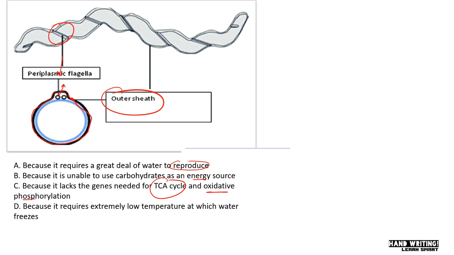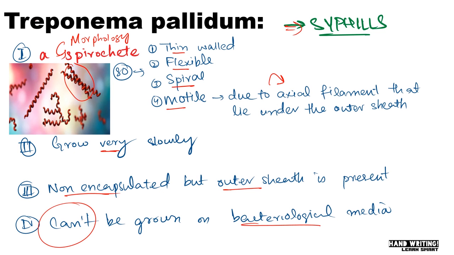The last important point is that it requires an extremely low temperature. As we have already discussed, a great deal of water is needed, but at this extremely low temperature, the water freezes. So these are some points which I found on the internet, due to which Treponema pallidum cannot be grown on bacteriological media. If you know any other valid reason regarding this, you can mention it in the comments below.